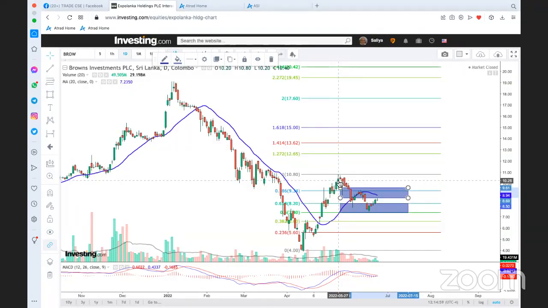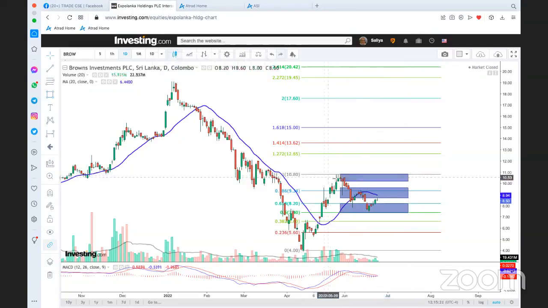Inside that you have this level, once again 20. Here is also 20. So we can take that as our next resistance zone, 1020. Then you have 1080. Here it's 1130. I will take it up to that level.